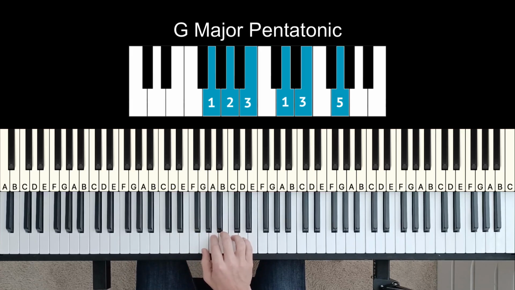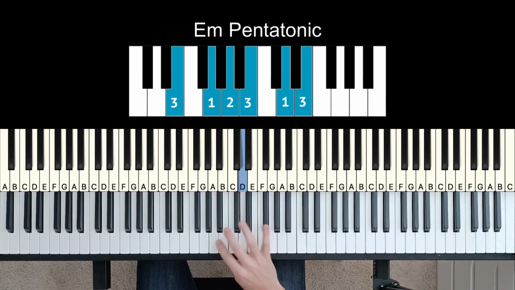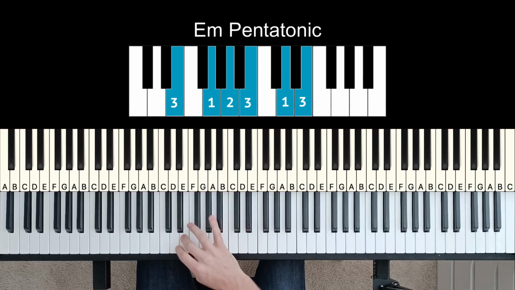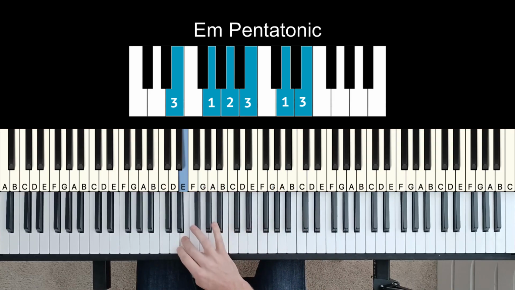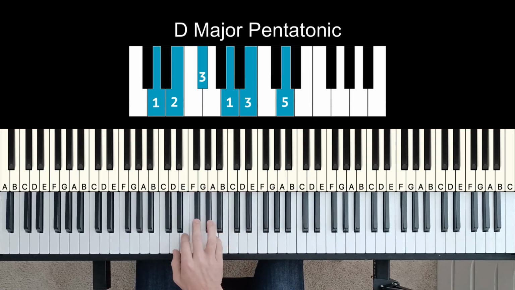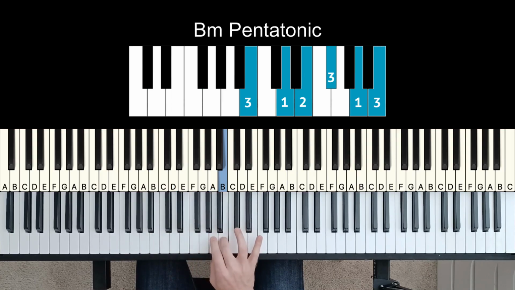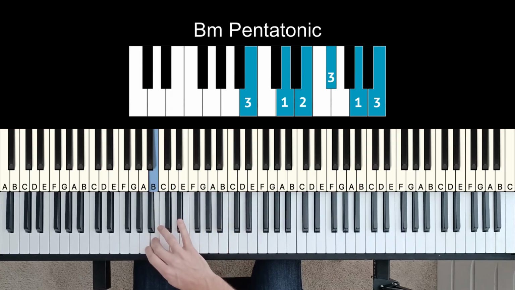And then I move to G and find my relative minor, which is E, and then 2 octaves. And then I move to D and find my relative minor, which is B, so B minor, and then 2 octaves.